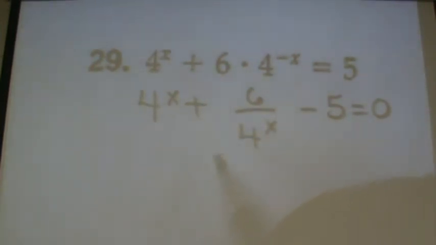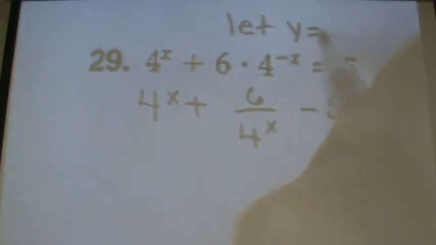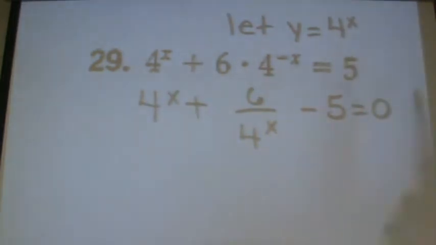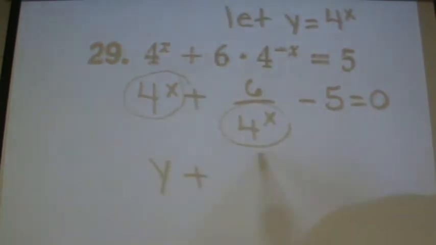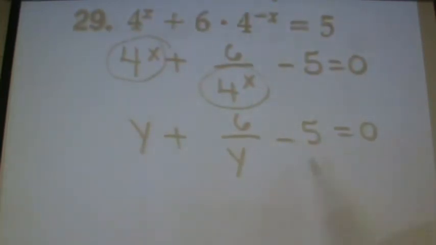Give me a different letter besides x. Y. You know what? Third hour we use y too. So we're going to let y equal 4 to the x power. So I'm going to replace, I'll put a y here and a y here. What could I multiply this whole problem by to get this y out of here?